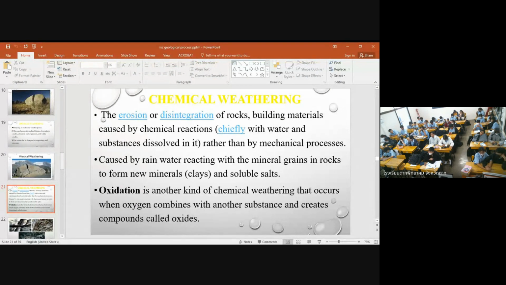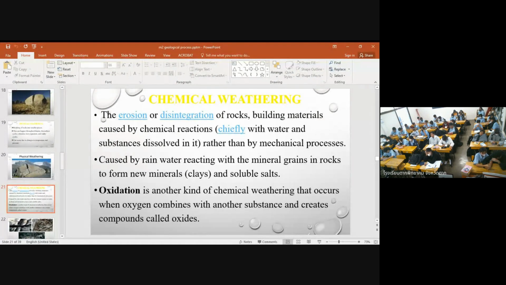So caused by what? Rainwater reacting with the mineral grains in rocks to form new minerals or clays and soluble salts.